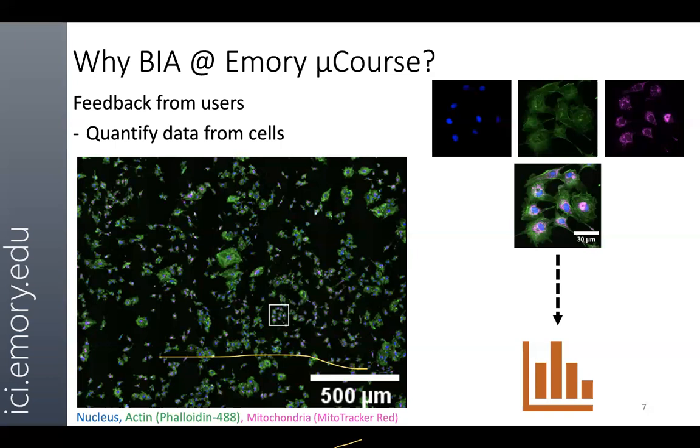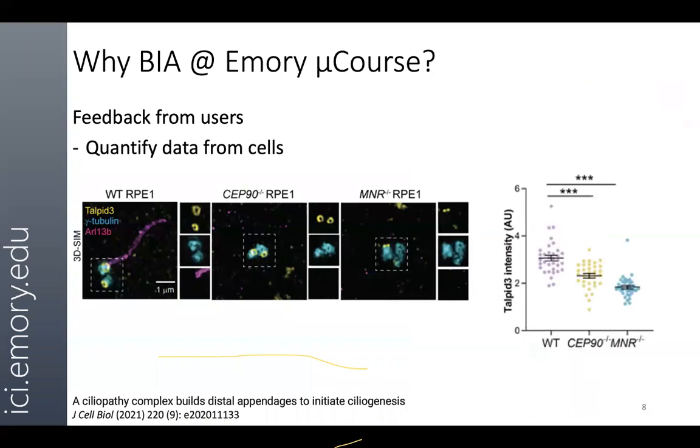Apart from this, we also get users who tell us, oh, I saw a particular kind of image in a paper, and I want a figure that looks like this. For example, here the authors are trying to quantify the Talpid3 fluorescence intensity, and they are quantifying this based on each of these yellow circles you are looking at right now.